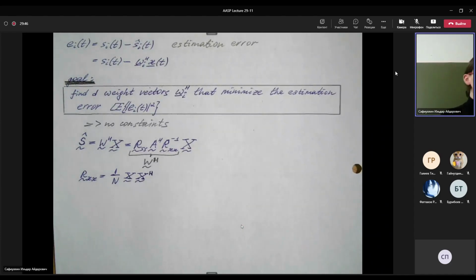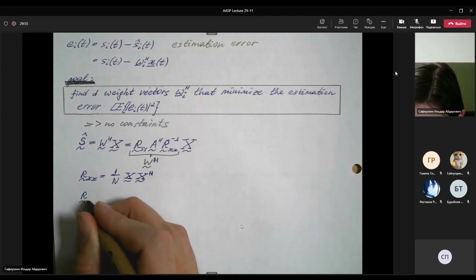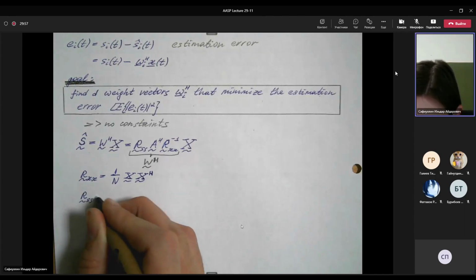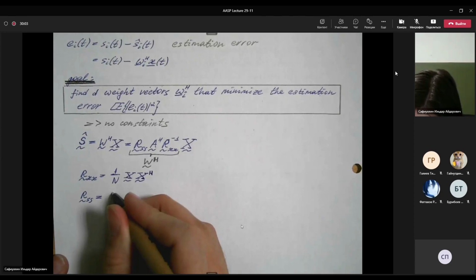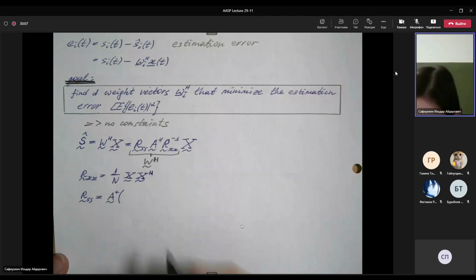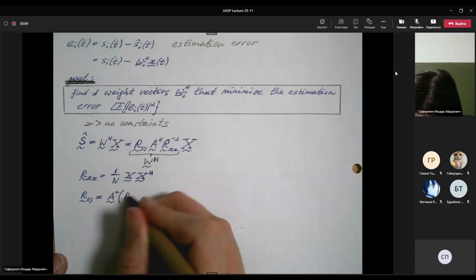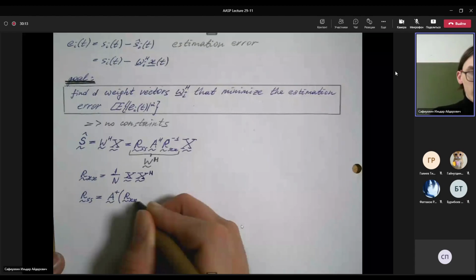So we average over the n snapshots here, and RSS is equal to the pseudo inverse of A times Rx minus Rn.